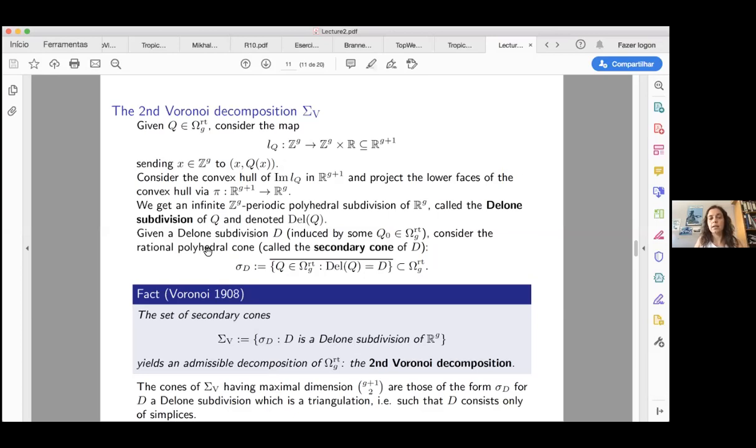And now we can define cones associated to each Delone subdivision.